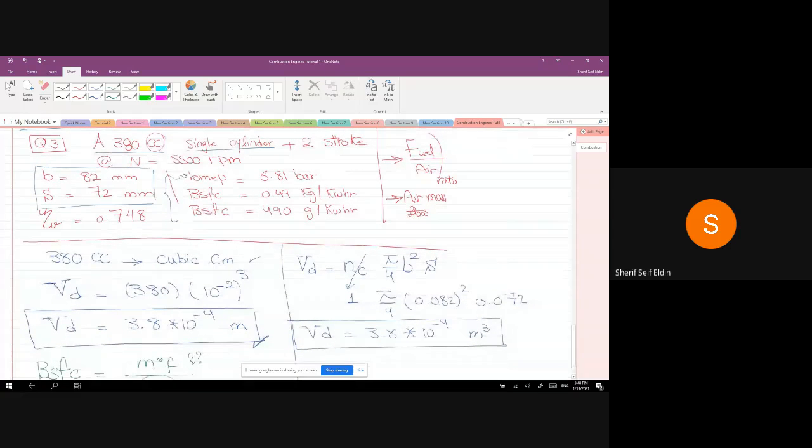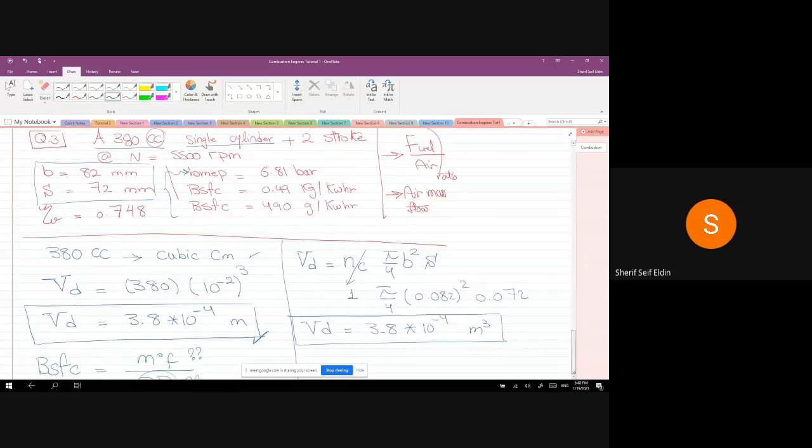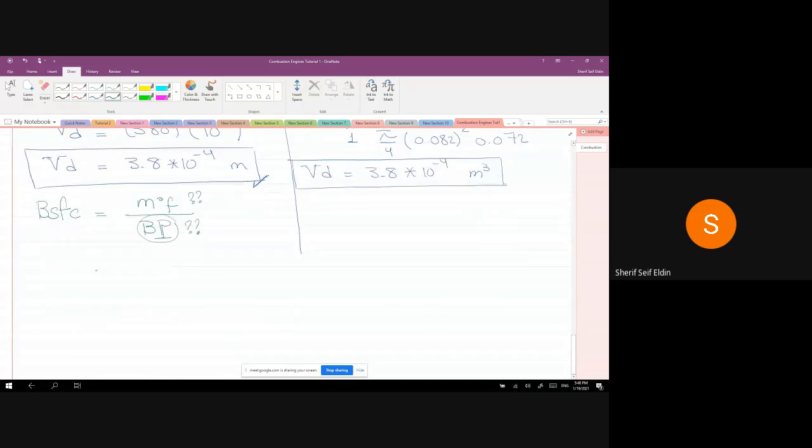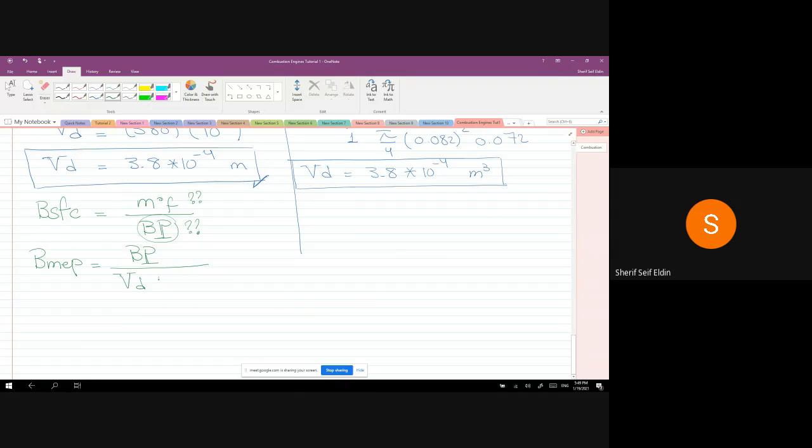From the brake mean effective pressure, right? So brake mean effective pressure is brake power over displacement volume multiplied by N. Do I have to add over 2 here?